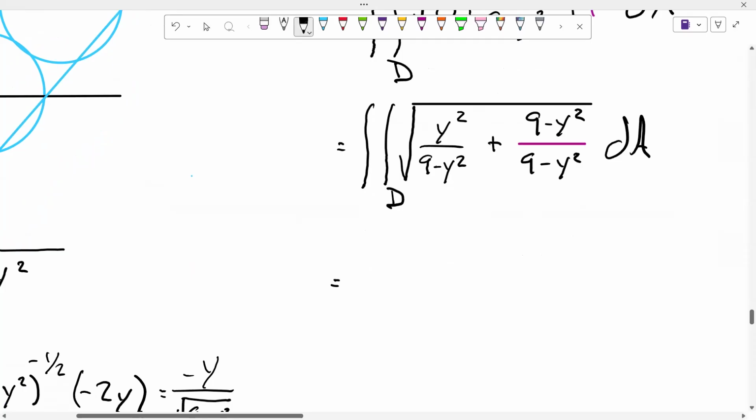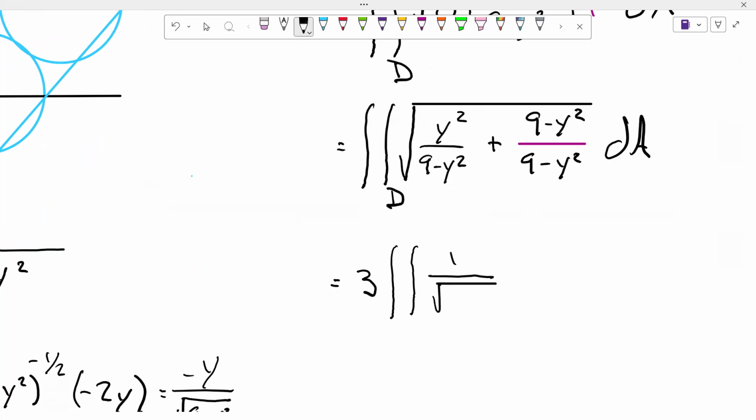So this looks like 3 times the double integral of 1 over the square root of 9 minus y squared. And then let's just go ahead and throw dx and dy on here. How about dy then dx?